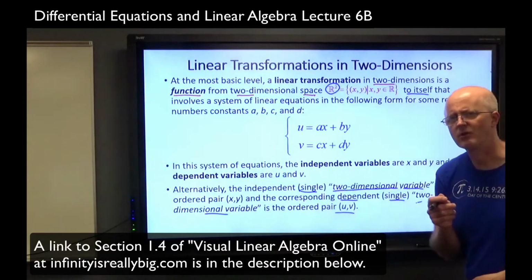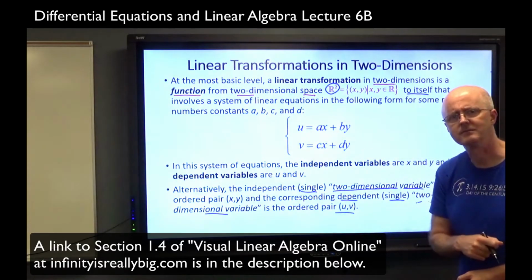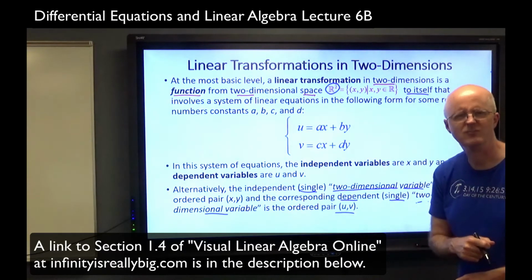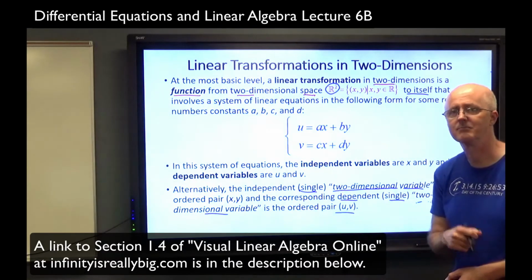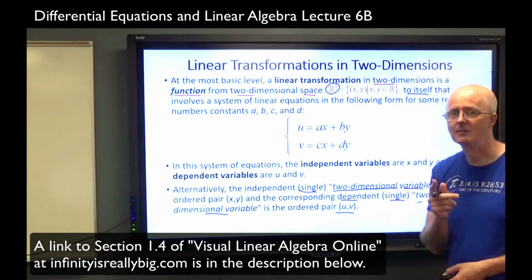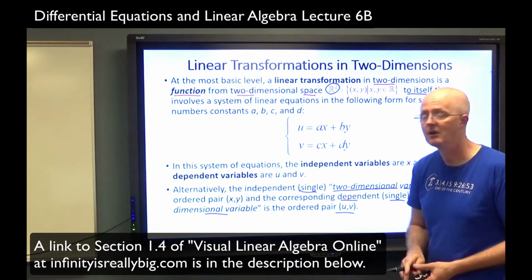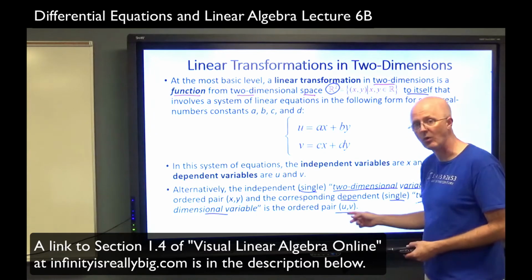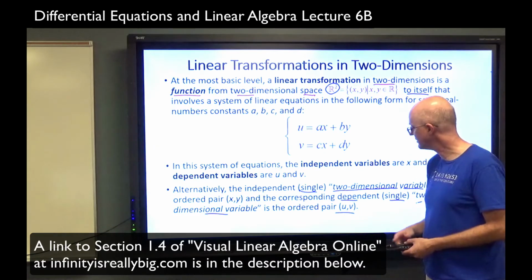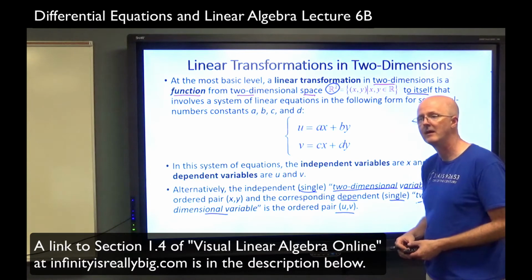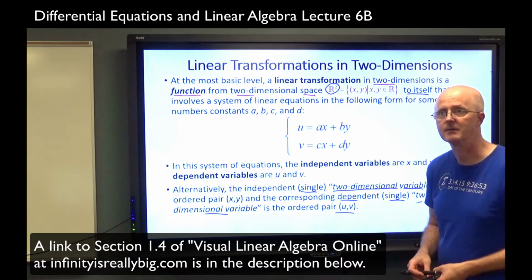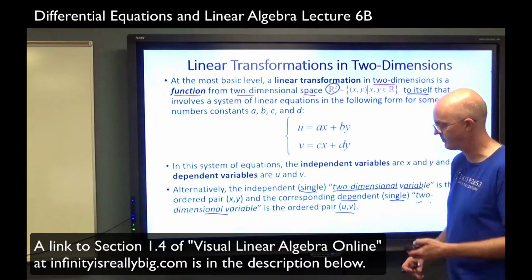Should we imagine these ordered pairs as being points? Usually, yes, that's the case, but not always. Sometimes we'll imagine these ordered pairs as representing vectors. When they're representing points, we usually call them coordinates, the individual parts of the ordered pair. When they're representing vectors, they are typically called components.